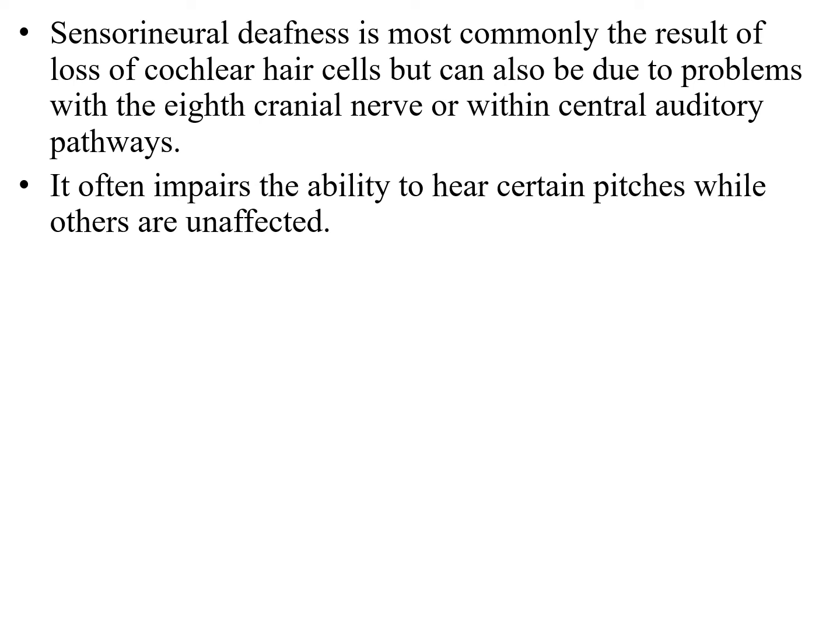This is because the disease can affect only one part of the cochlea where certain tones are perceived, while the other part where the other tones are perceived remains normal. Contrary to conductive deafness, which affected all tones universally, sensory neural deafness can spare certain tones and affect others.